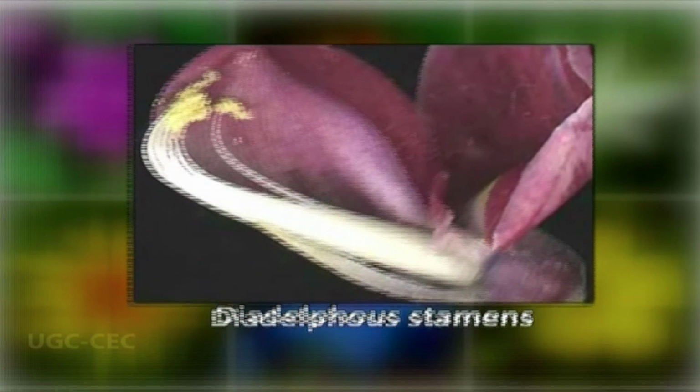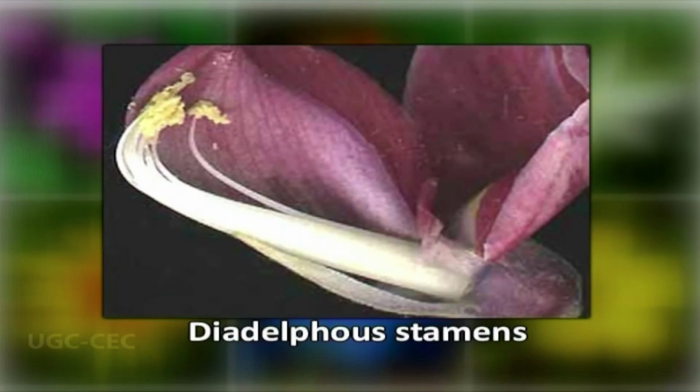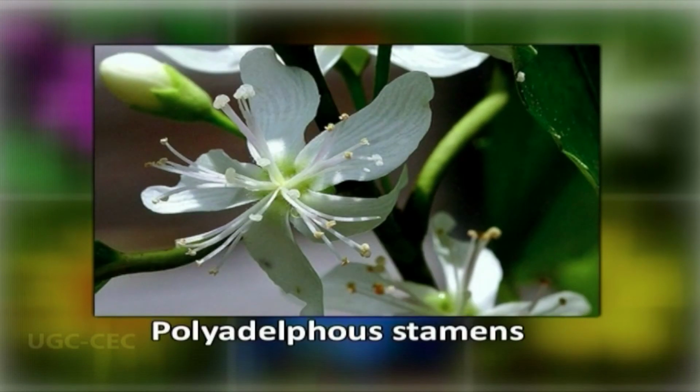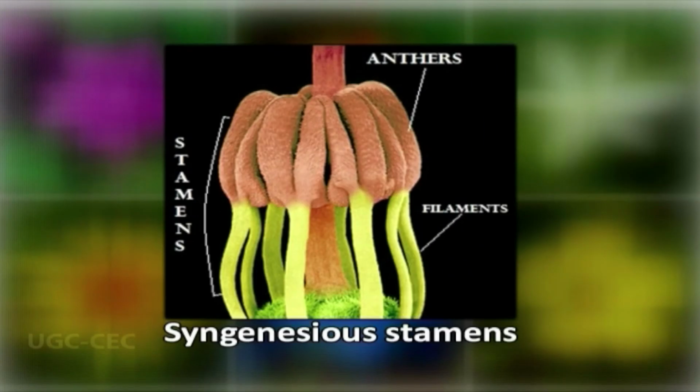Or they may be diadelphous, where filaments fuse to form 2 bundles, common in members of family Papilionaceae, or they may be polydelphous, where filaments fuse to form many bundles, as in lemon and Hypericum, etc. Stamens can also show variations in their degree of cohesion, or syngenesious stamens, where filaments are free but anthers are fused, as in members of aster family.